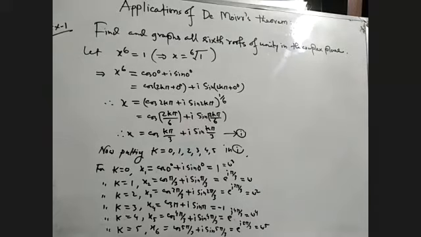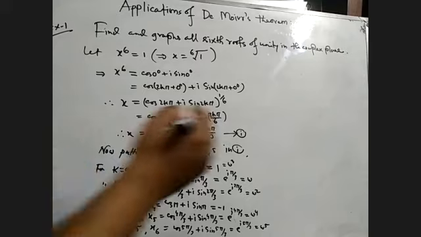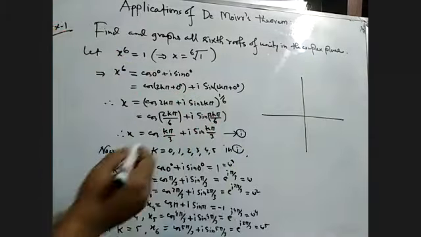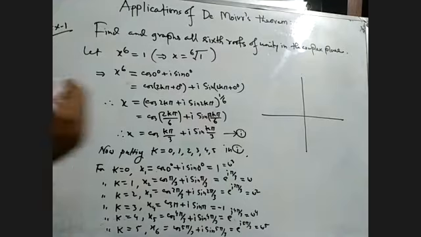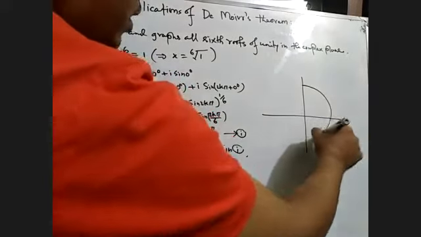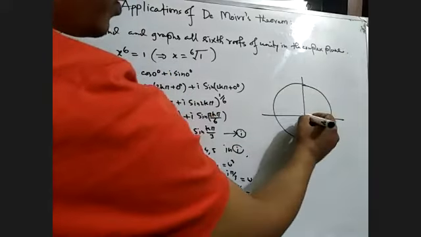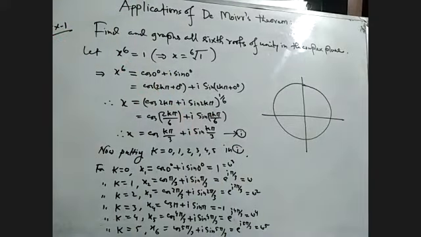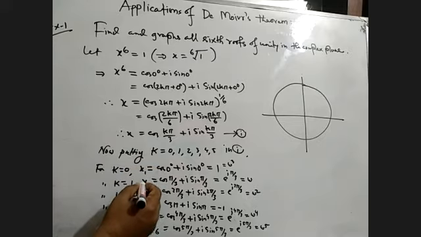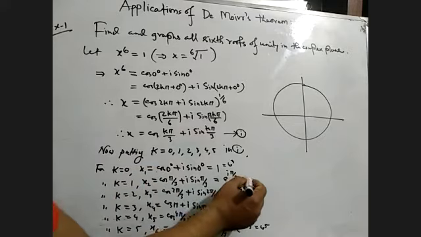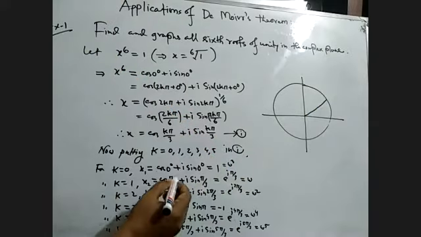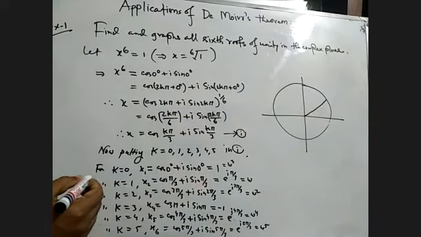Now if we draw the complex plane, suppose we have this is the complex plane, and this is the circle, this circle will be like this, and this is the center. First one is omega. This is the omega. Okay, in which degree? This omega in which degree? 60 degree.